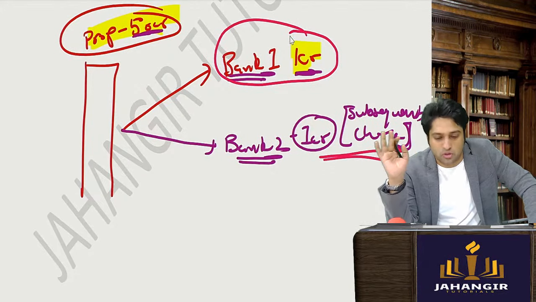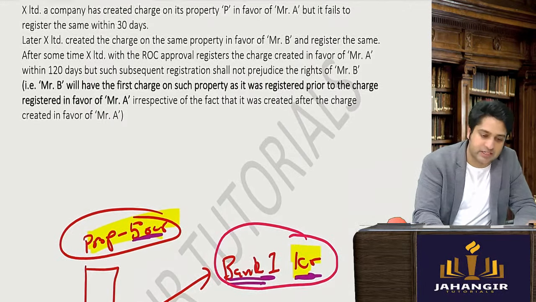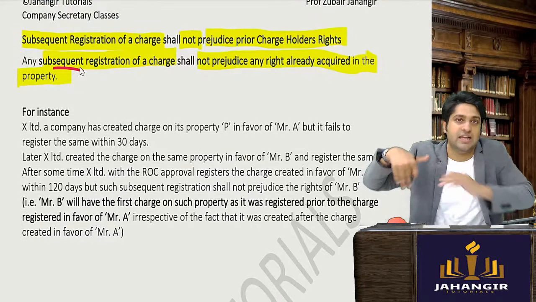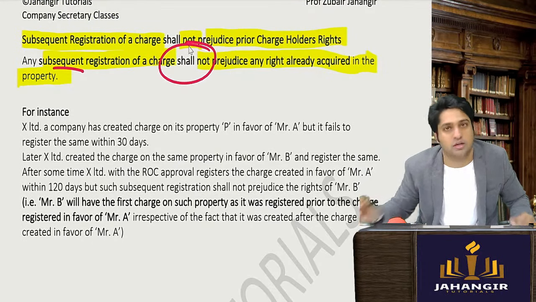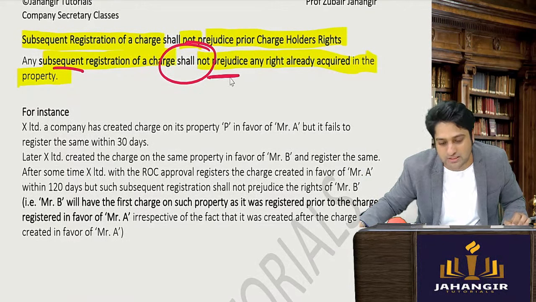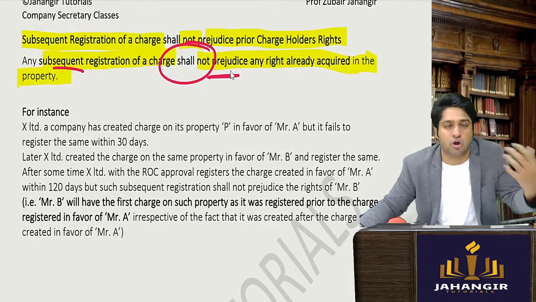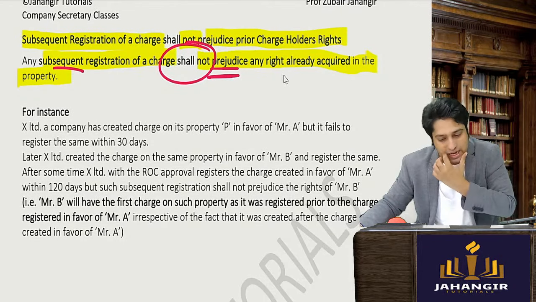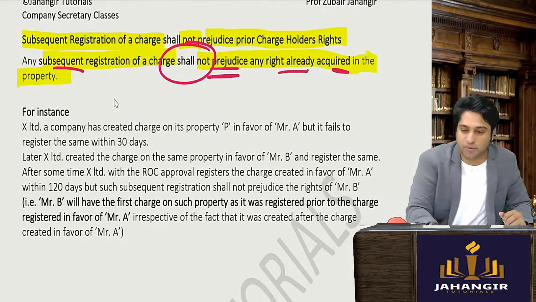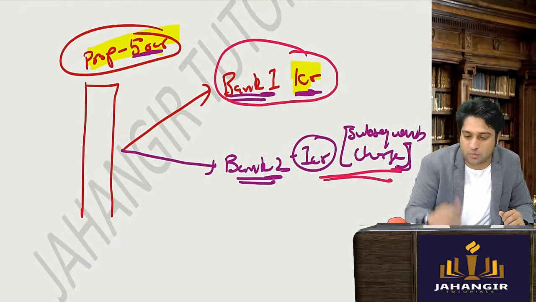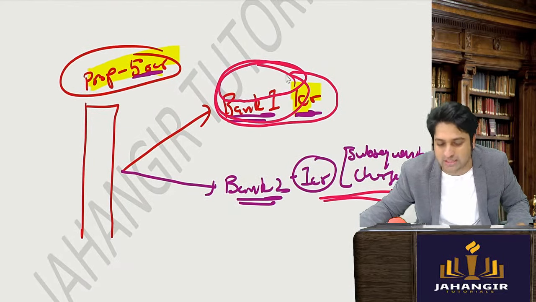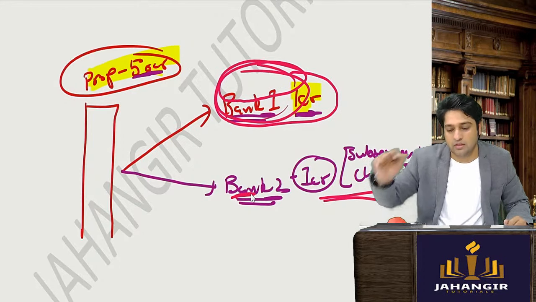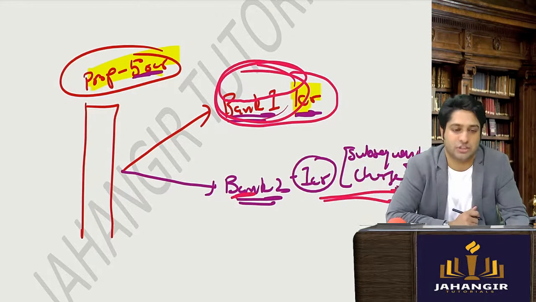Answer is no, because law is saying that any subsequent charge shall not prejudice, that is, wrongly affect any right already acquired in the property. So bank 1 has already acquired the interest in the property, so it will not be affected by any subsequent registration. Concept clear?